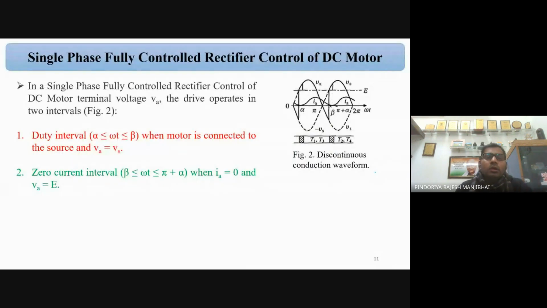The same waveform is repeated here, so there is a discontinuous mode. In the single phase fully controlled rectifier control of the DC motor, the terminal voltage is VA, which is nothing but your armature voltage.